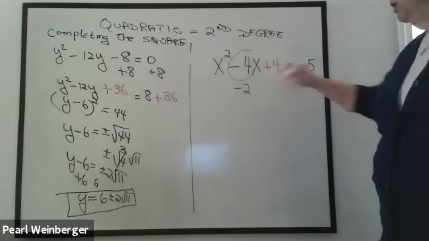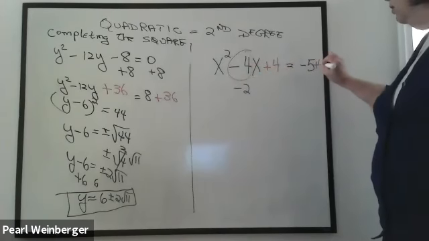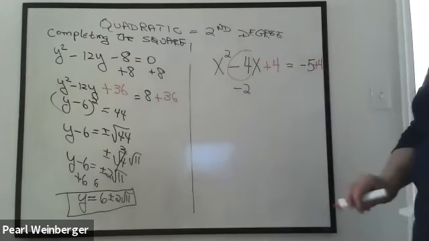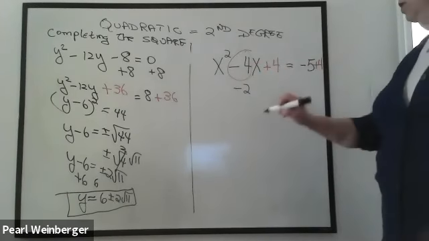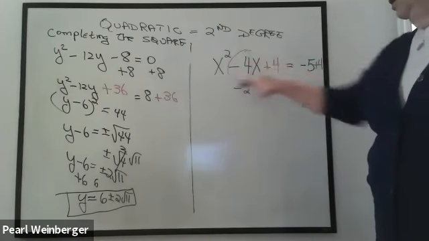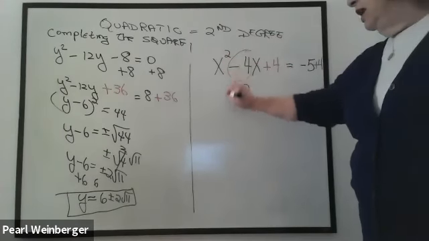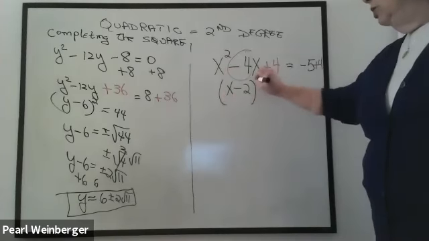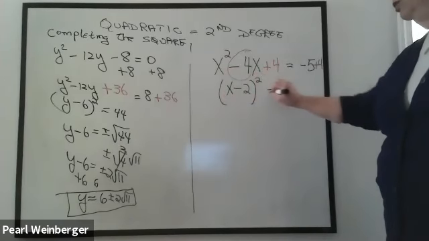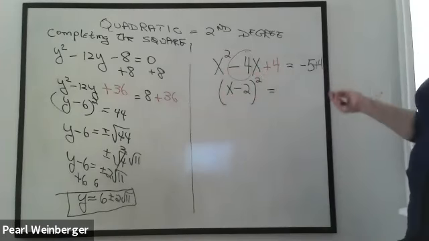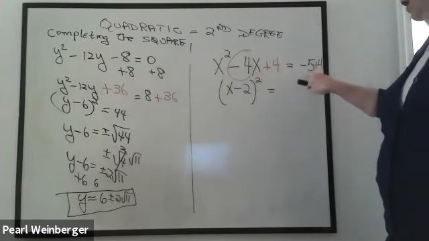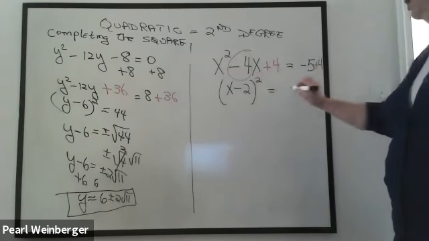I add it to one side, I have to add it to the other side as well. And therefore, this expression, x squared minus 4x plus 4, is actually the binomial x minus 2 squared. Okay, what are we getting on the other side? We're getting negative 5 plus 4, which is negative 1.